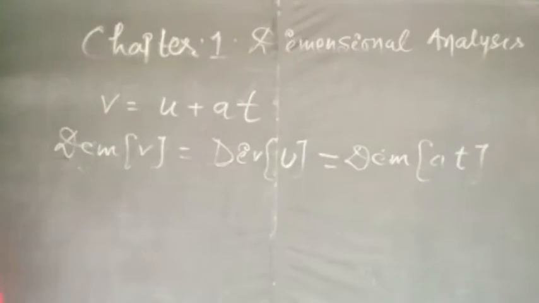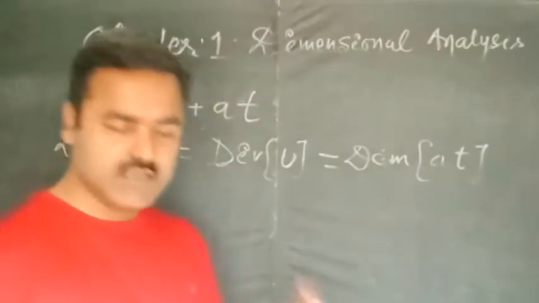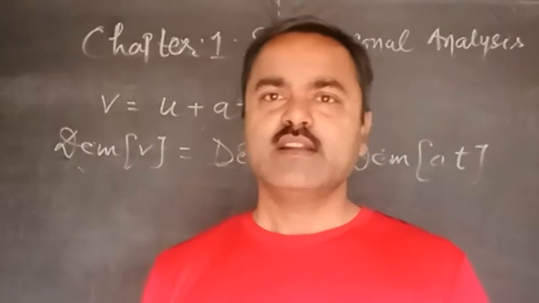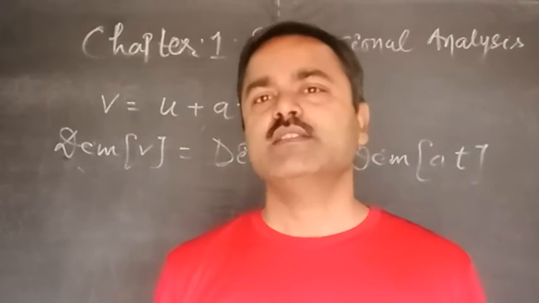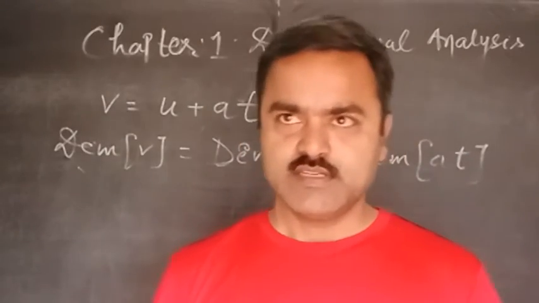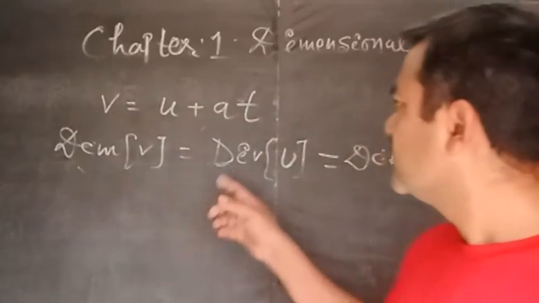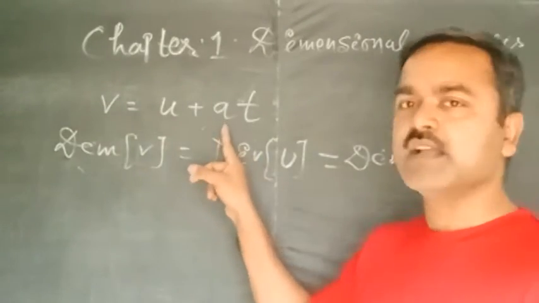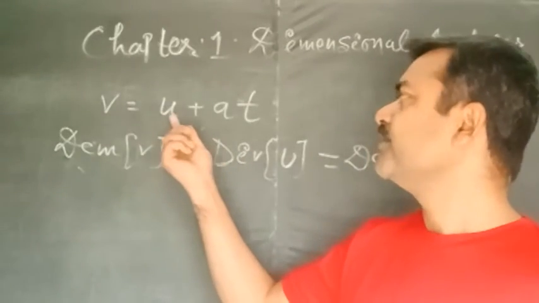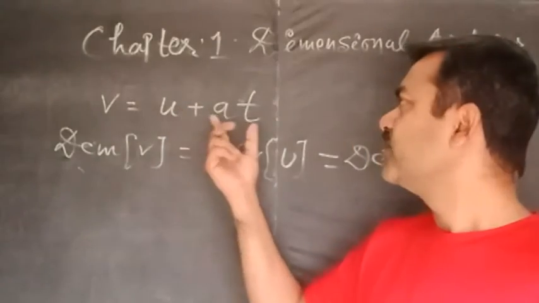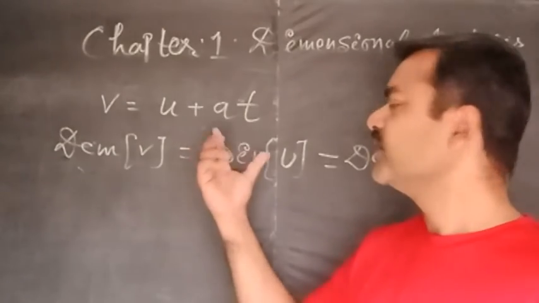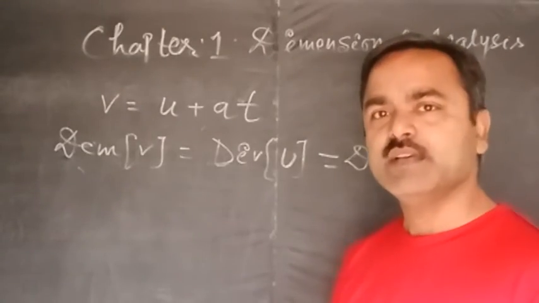This is the concept here: if the terms are separated by addition or subtraction, then their dimensional formulas are equal. So if you are going to find the dimensional formula of a, just compare the dimensional formula of u equal to the dimensional formula of a into t. From there you can find the dimensional formula of a.